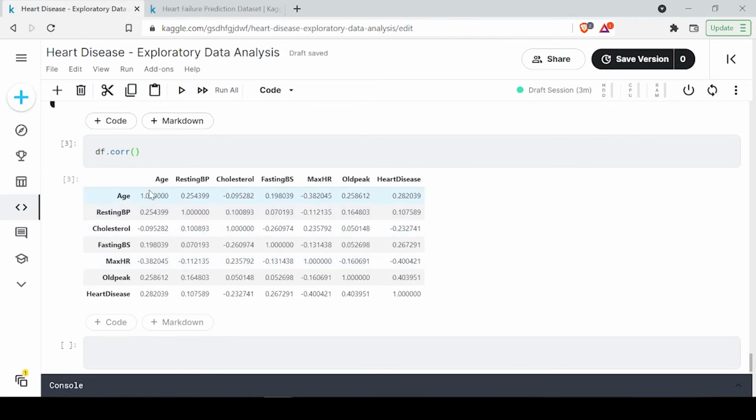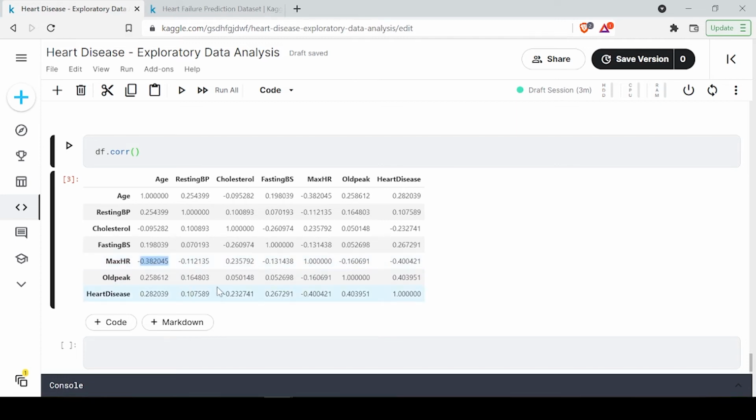Okay, and if age increases and resting BP increases, obviously positive correlation. If age decreases and resting BP also decreases, obviously that is also positive correlation. Okay, if one increases and the other decreases, then it is a negative correlation. A value close to 0, no correlation.